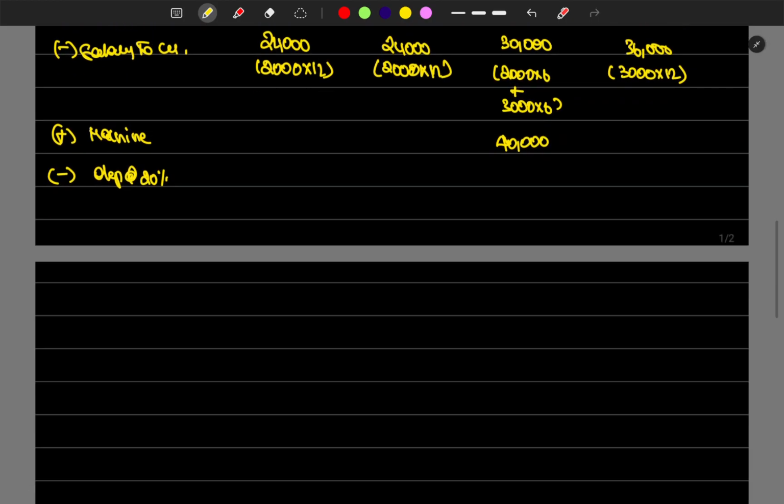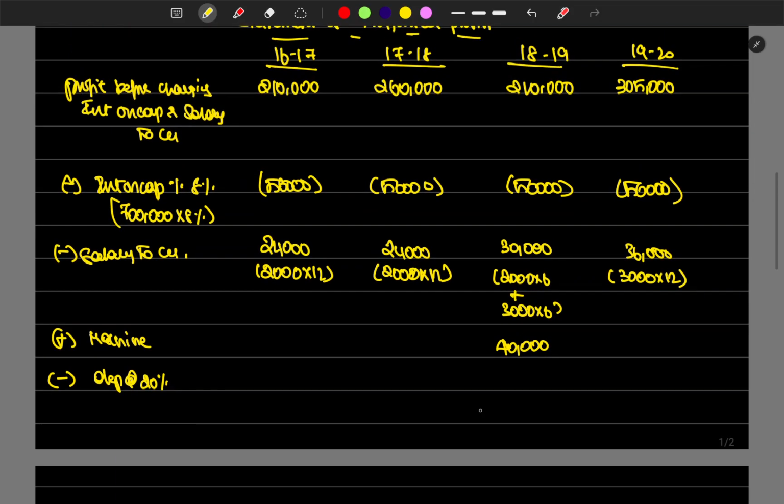So how do we charge the depreciation? 40,000 into 20%. The machine was purchased on 1st October, so 6 months, 6 by 12. 4,000 is the depreciation.